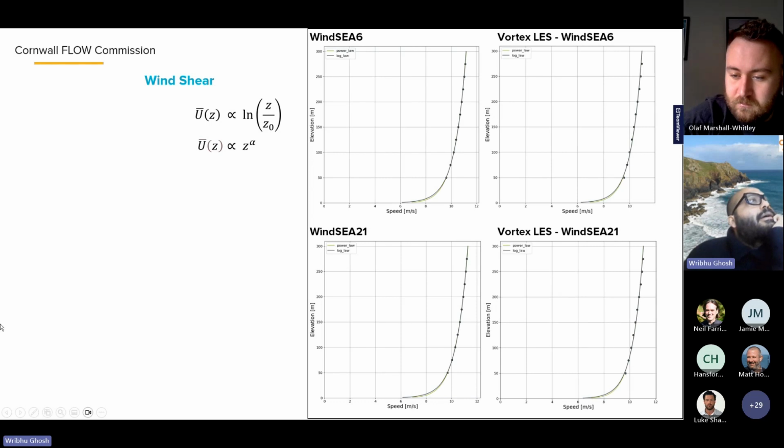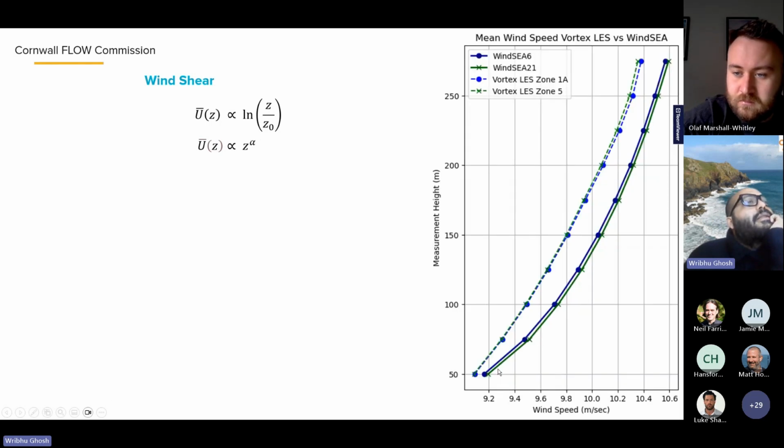This is a plot of the vertical shear, showing the mean wind speeds for all these heights. It does show a monotonic increase with height. However, there are studies that suggest that is not the case.